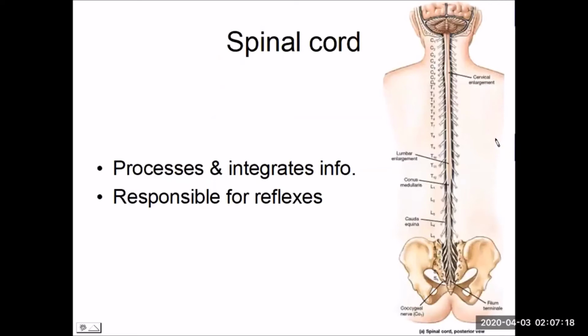So from the beginning, we described that the spinal cord can control our reflexive functions. And again, this is an example of how the spinal cord could process and respond to stimulation independent of brain function, without brain function.